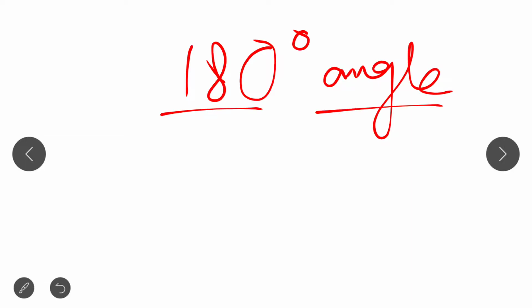Let me make it clear. Hydrogen bonding occurs in two types of molecules: one molecule that contains hydrogen and one molecule that does not. Just observe the concept. Suppose this is one molecule that contains hydrogen.